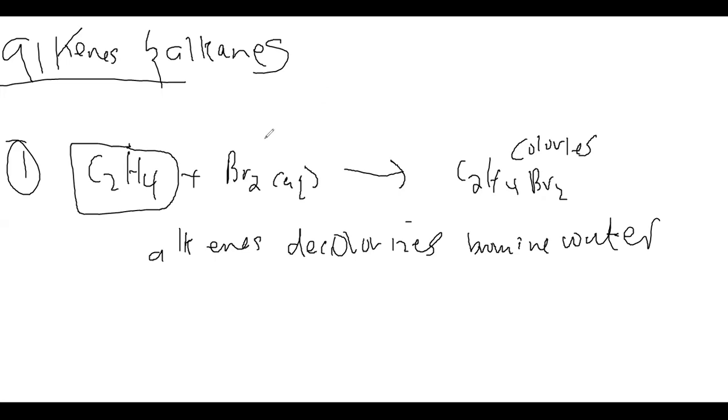Remember the big difference for alkanes. When we look at halogenation, it only added 1 bromine, right? So it was C2H6, but in the presence of light, Br2 gas, in the presence of UV light, only one bromine added.